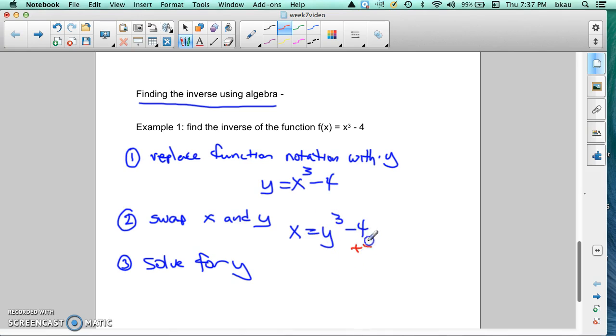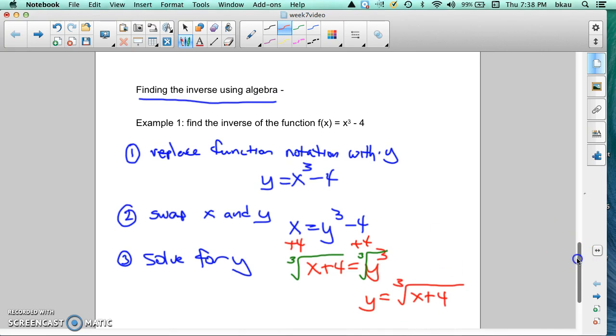I'd add 4 here, add 4 here, so I get x plus 4 equals y cubed. Then I need to take the cube root of both sides to get rid of that cube. So I'm going to end up with y equals the cube root of x plus 4.